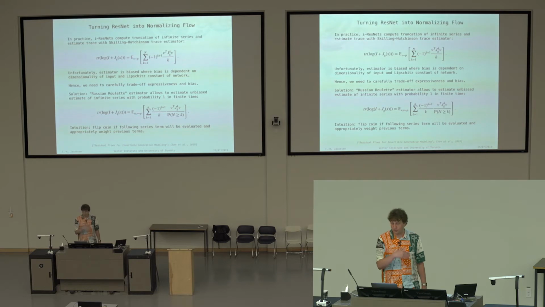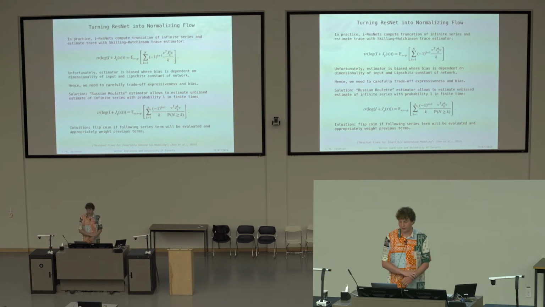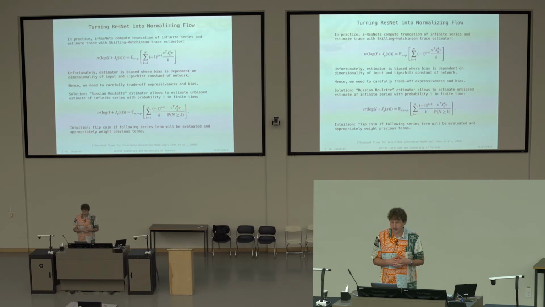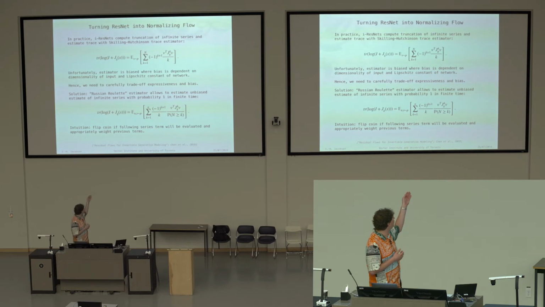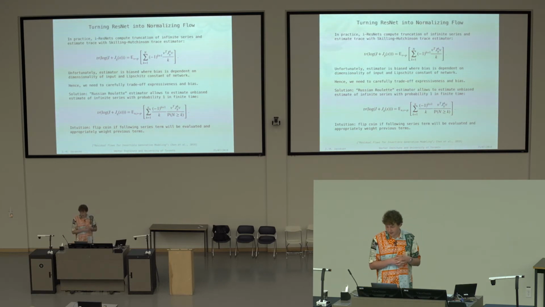So then there's a solution, a follow-up work, which uses the well-known Russian roulette estimator, which allows us to give an unbiased estimate of an infinite series with probability 1 in finite time, which is exactly what you see here. That means you sample the number of terms you're going to evaluate and upweigh the previous terms by the appropriate probability.